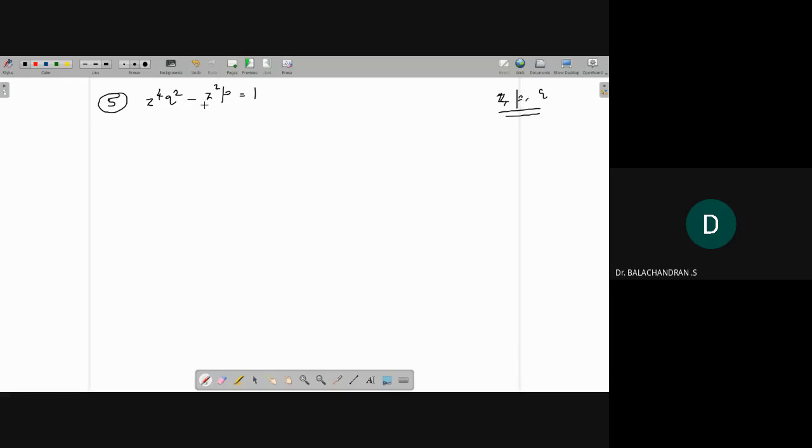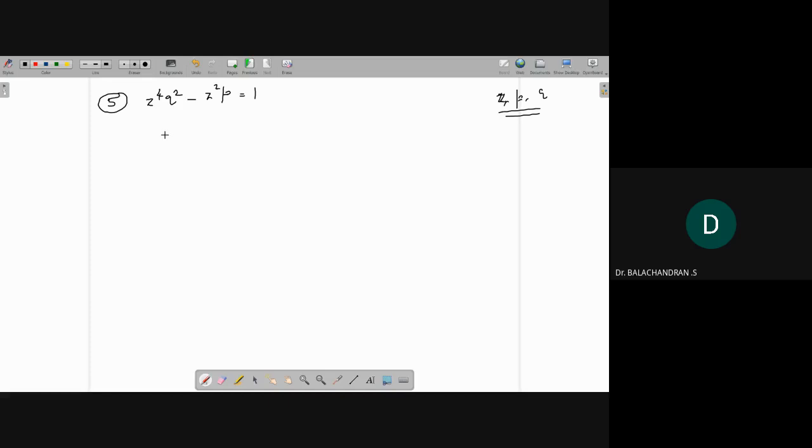If you don't get the answer, then we will solve this problem by equation reducible to standard form. Sometimes an equation reducible to standard form is easier than the standard form, because we can easily convert this equation into type 1. Converting into type 1 is easier than type 3.